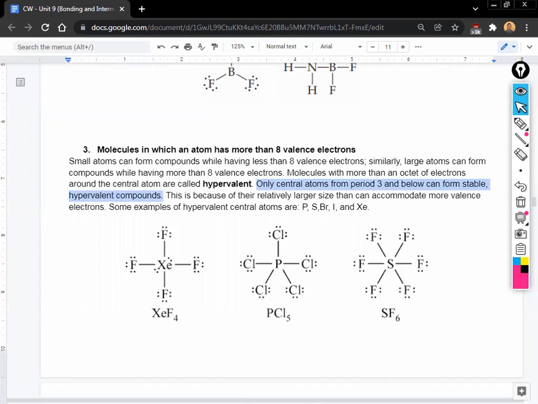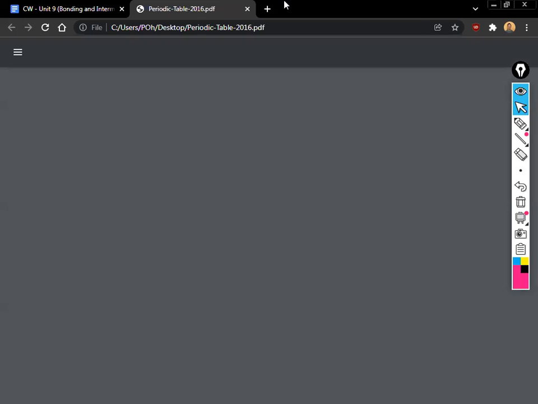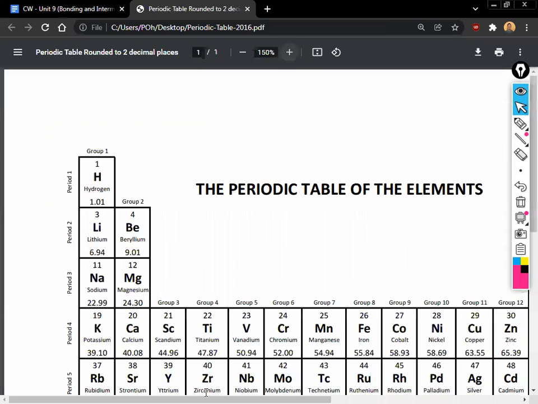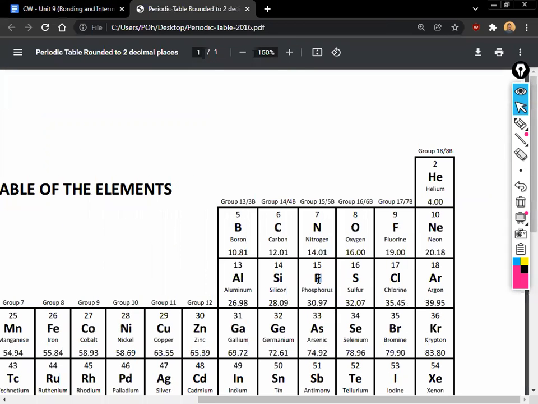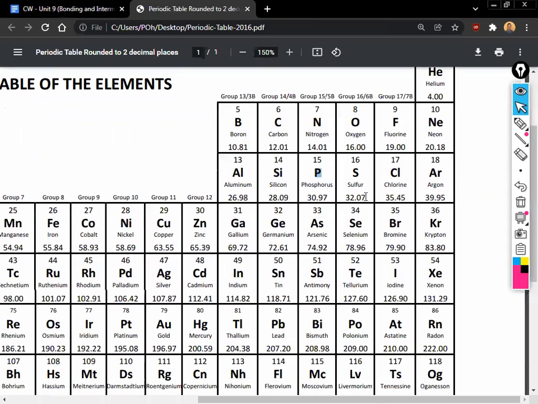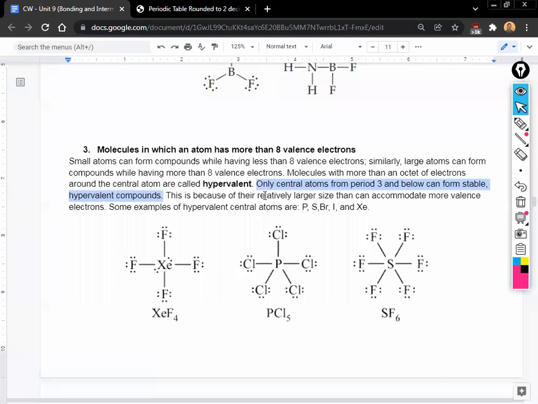So P is usually the first or the smallest central atom that can hold more than 8 valence electrons. That means S can do it, Cl can do it, Br can do it, I can do it, Xe can do it, right? But you can't have things above phosphorus like carbon or silicon or nitrogen. They can't be hypervalent.